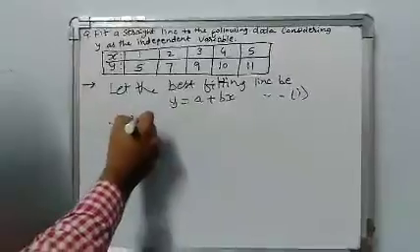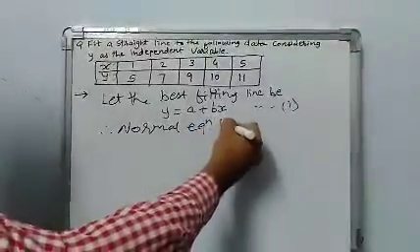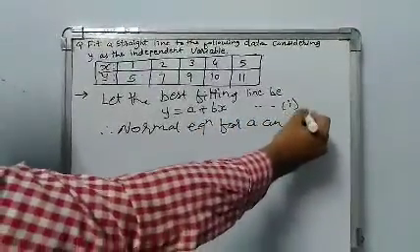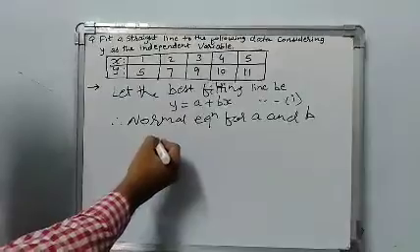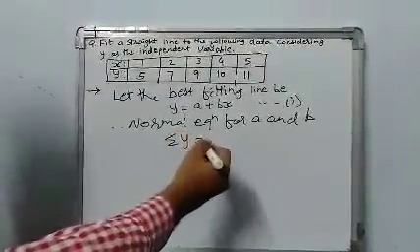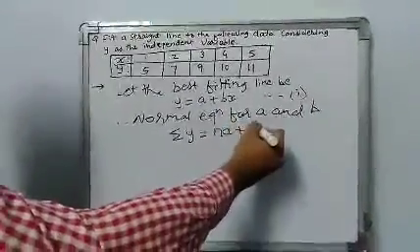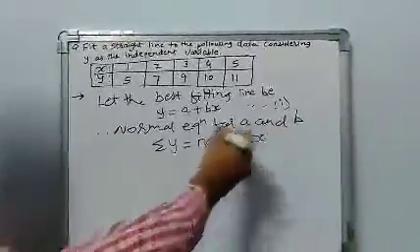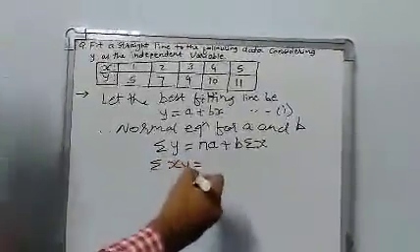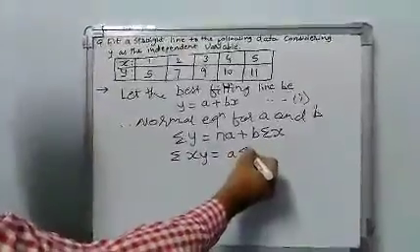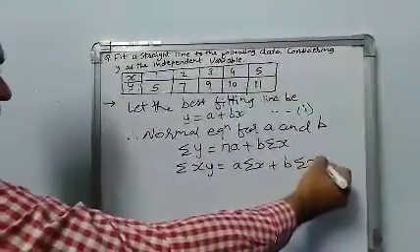Now the normal equations for a and b are: summation of y equals n of a plus b into summation of x; summation of xy equals a into summation of x plus b into summation of x square.